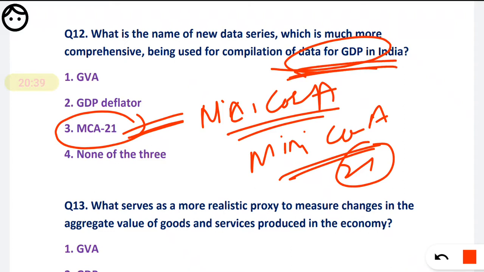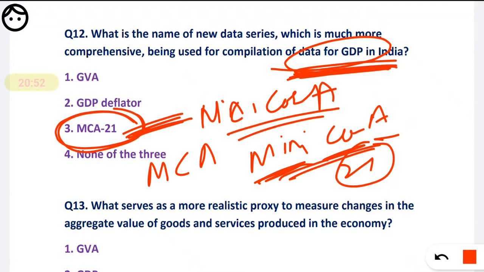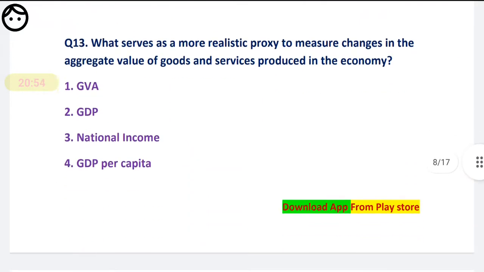We will not go into detail on the guidelines. Okay. Now, question number 13.